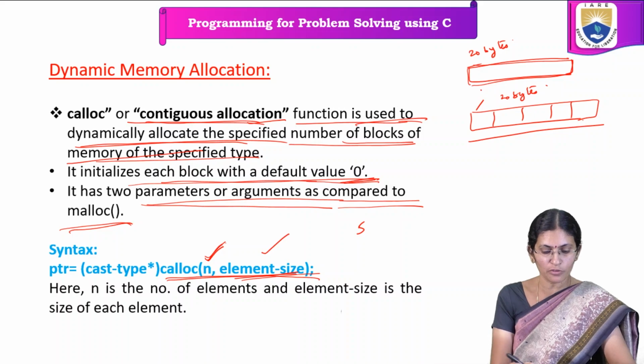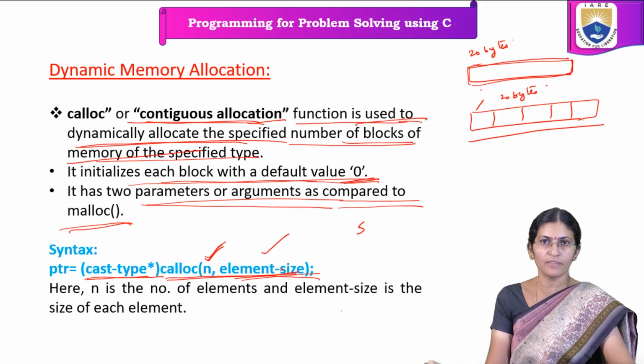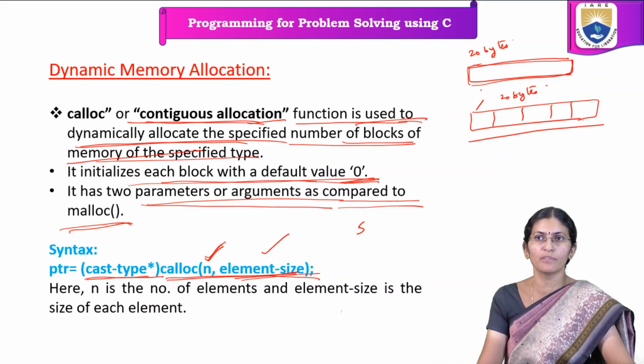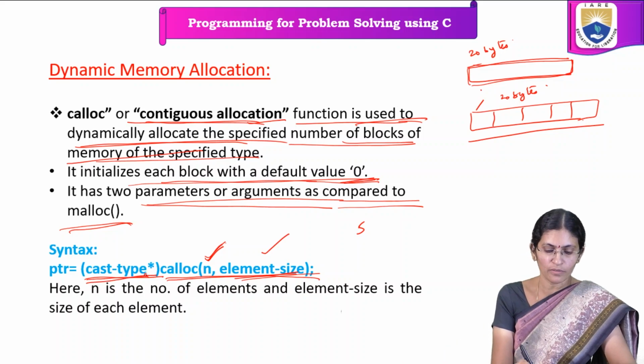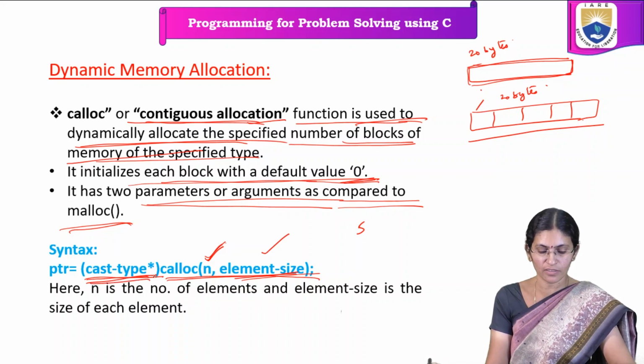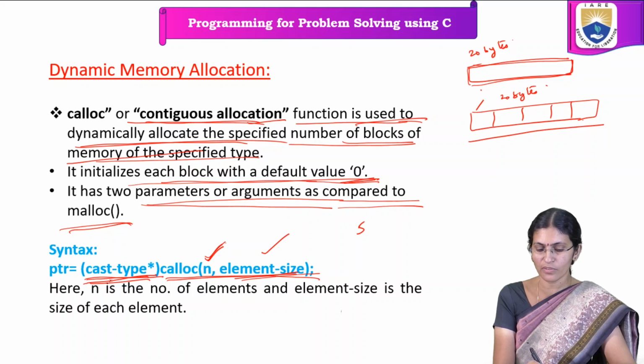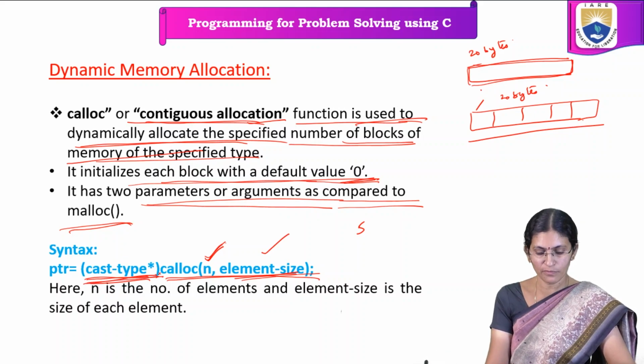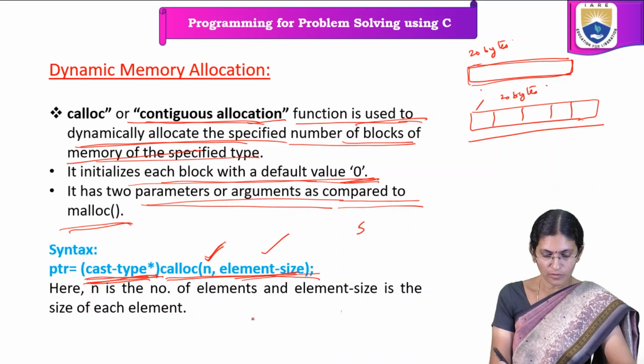So we need to typecast it into a particular type so that the pointer can point to it. If we want to store integer values, then we have to typecast it to integer. If we want to store float values, then we have to typecast it to a float pointer.